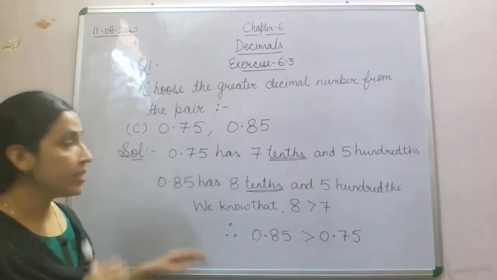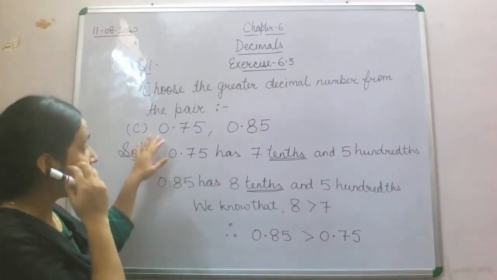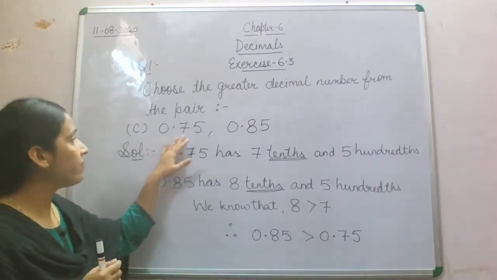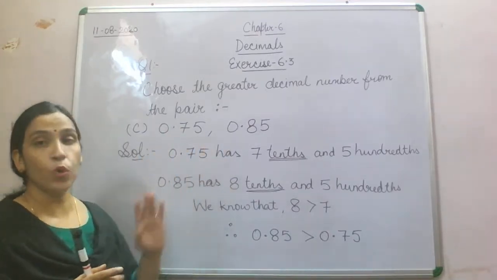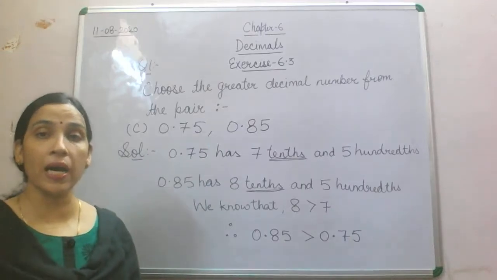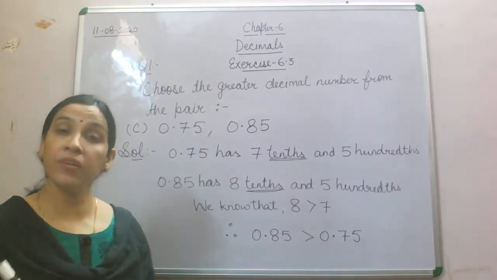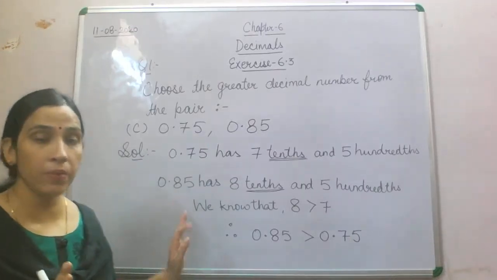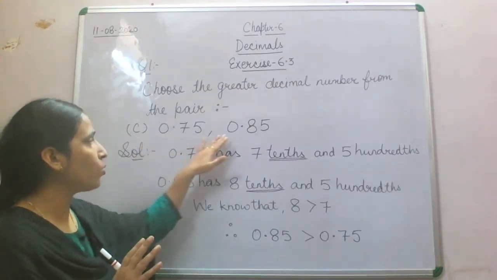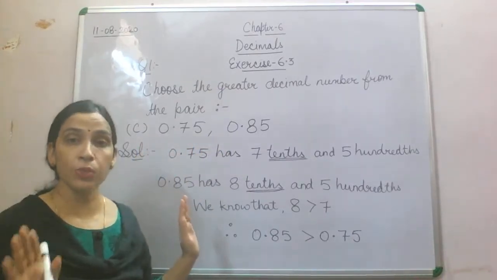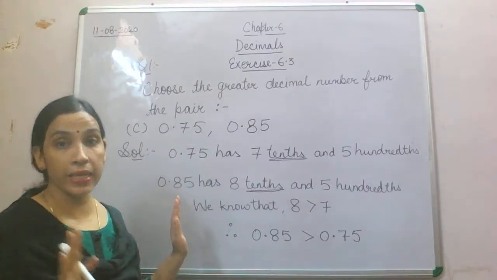So let's see the C part again. You have been given 0.75 and 0.85. Now we don't have different whole numbers. We have the same whole number, 0 here and 0 here. So in this question we are going to compare the decimal part.